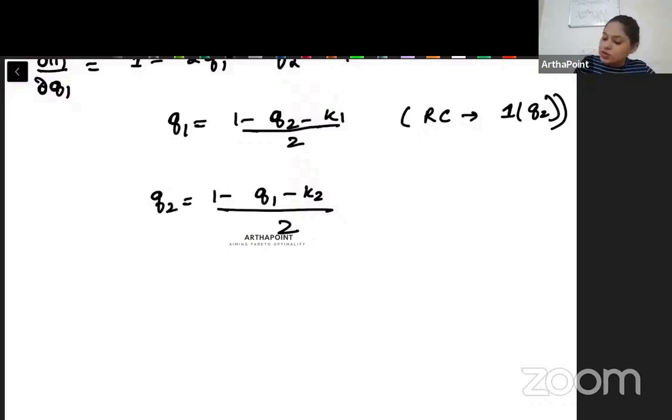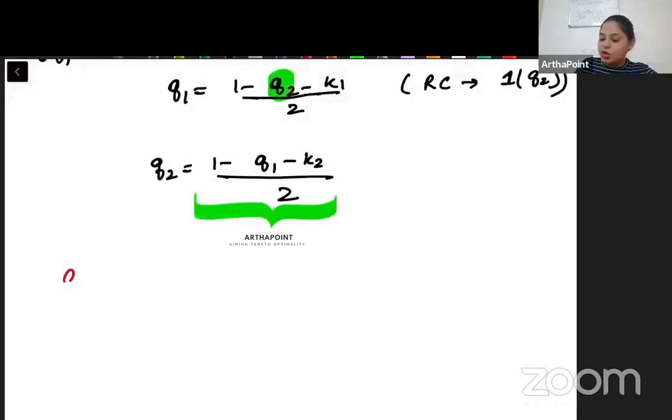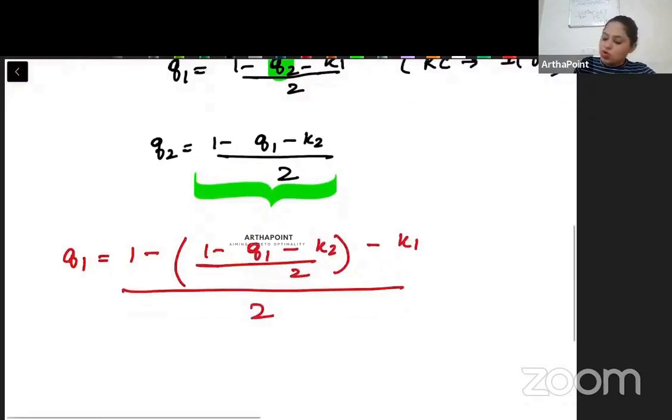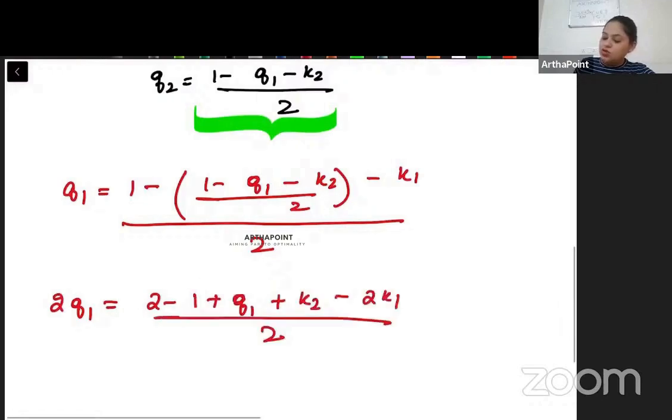So what will I get? From here, this Q2 can be replaced with this thing. So I will get Q1 is equal to 1 minus (1 minus Q1 minus K2) by 2 minus K1 by 2. So 2Q1 is equal to (2 minus 1 plus Q1 plus K2 minus 2K1) by 2.